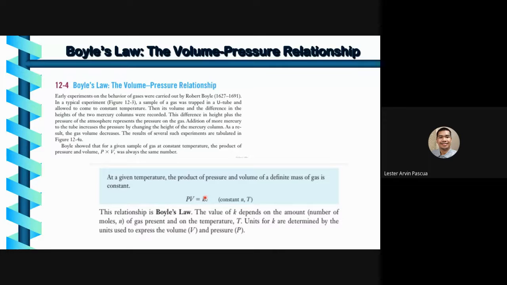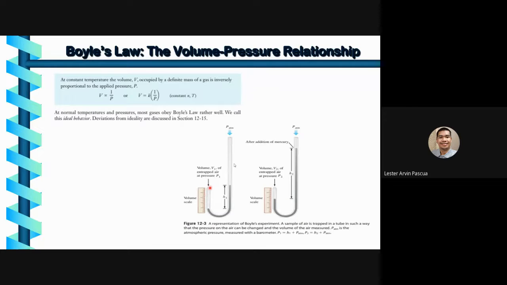It signifies yung relationship noong dalawang variables mo. Okay. So, ganyan yung relationship ng dalawa. Your volume is equal to K times 1 over P.